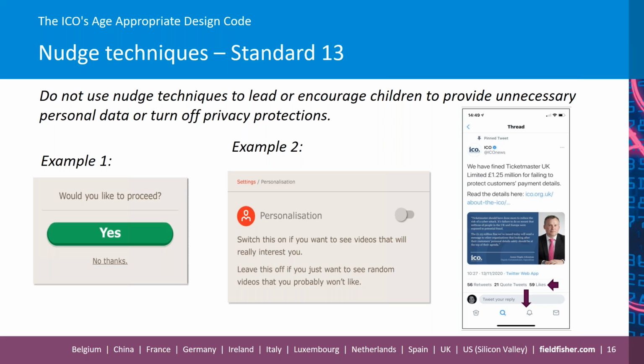However, could it be said that if you do have the like button, you're potentially encouraging children to stay online for longer? So there is some debate, or interpretation, still available within the code itself.